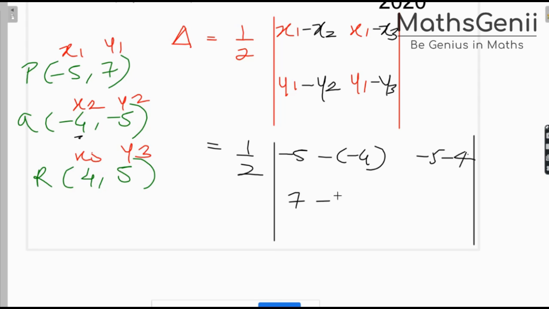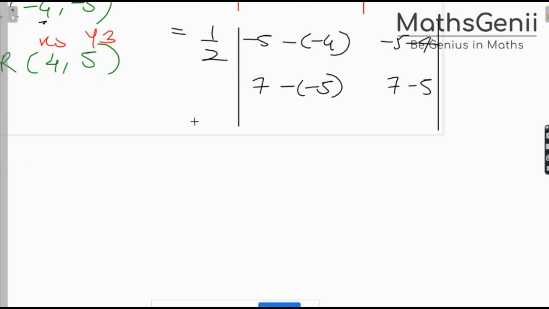No. Now solve this ahead. Minus minus plus, minus 5 plus 4 is minus 1, minus 5 minus 4 is minus 9, 7 plus 5 is 12, 7 minus 5 is 2.